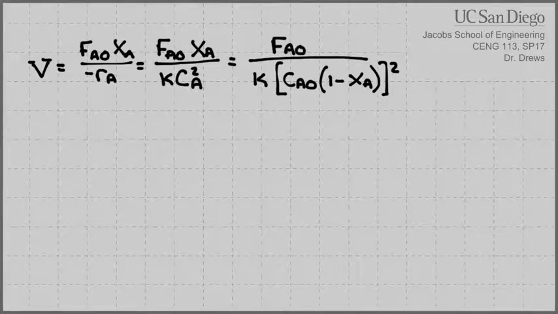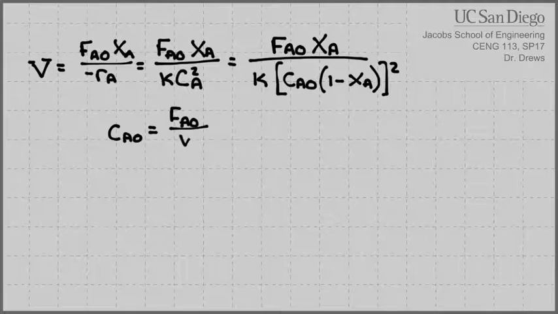Who just forgot to square it? Yeah, I heard it. Over X_A. So far we're okay. We just have to get rid of that C_A0 term. C_A0 is F_A0 over v_0, v_0 being our flow rate.